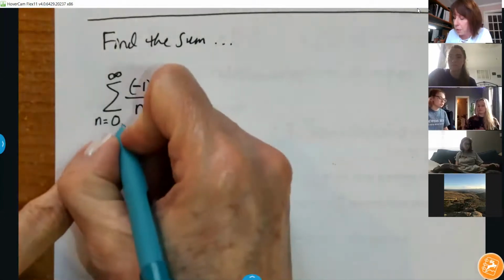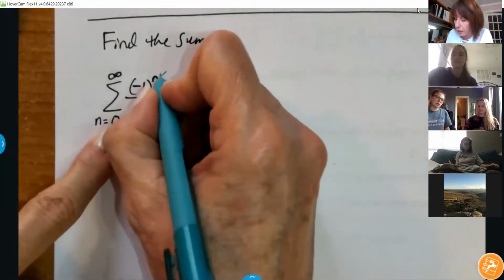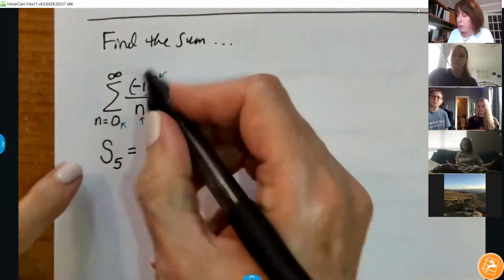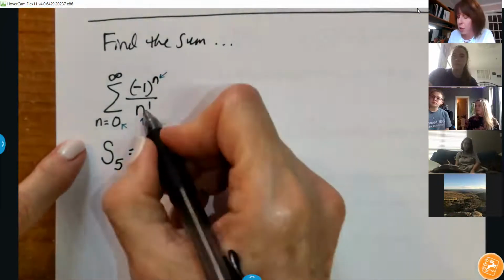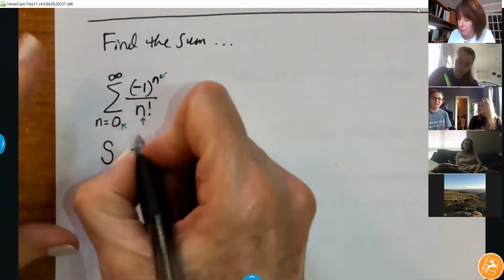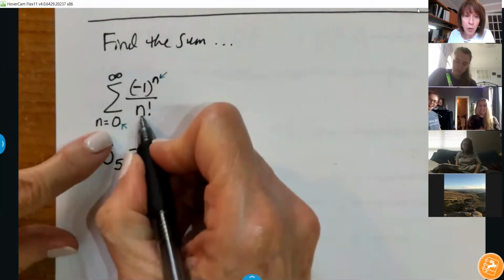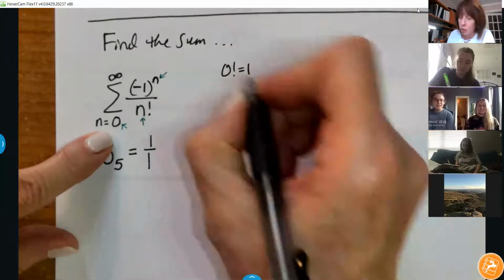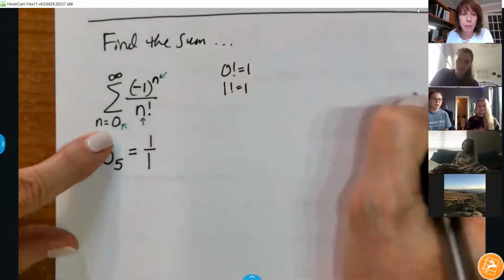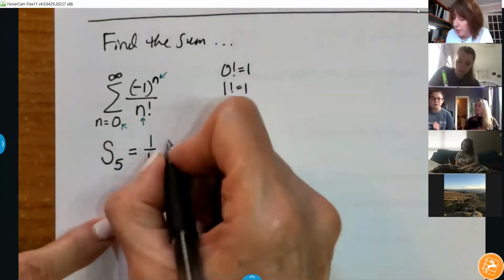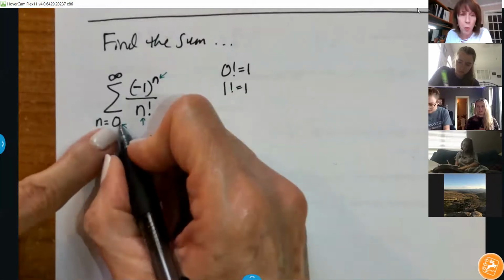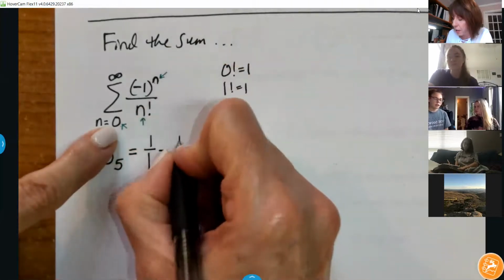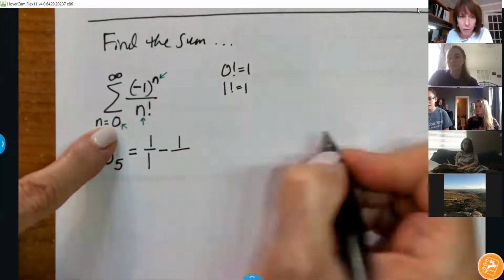So I'm going to put in that 0 for n and see what I get, right? So -1 to the 0 power is +1. And then 0 factorial is also 1. Remember that 0 factorial is 1. So is 1 factorial. They're both 1. The next term will be a negative, because when we go to 1 for n, we'll have an odd exponent here, so it'll be a negative. 1 over 1 factorial.